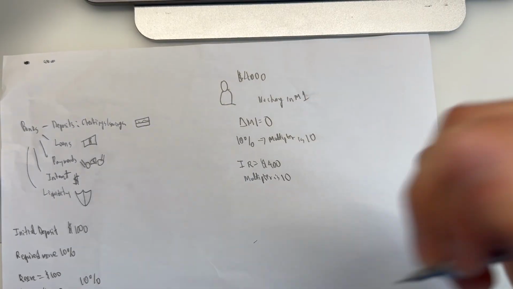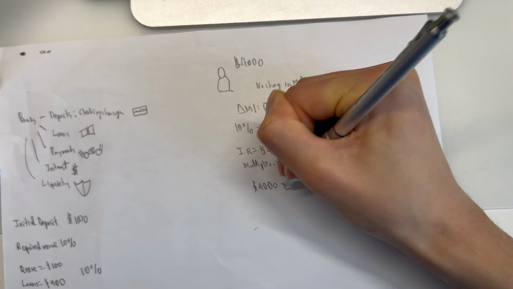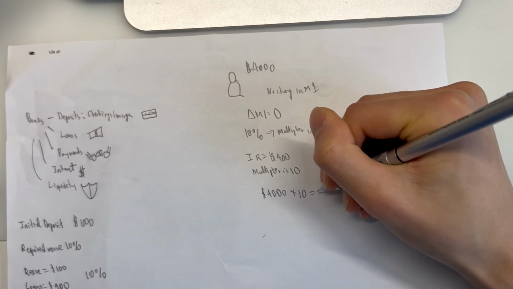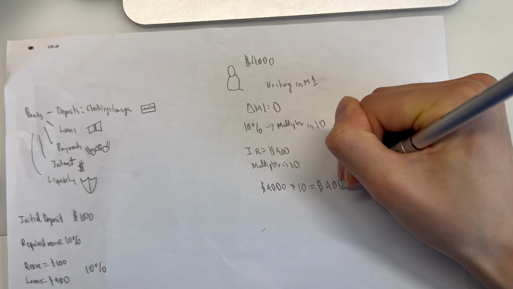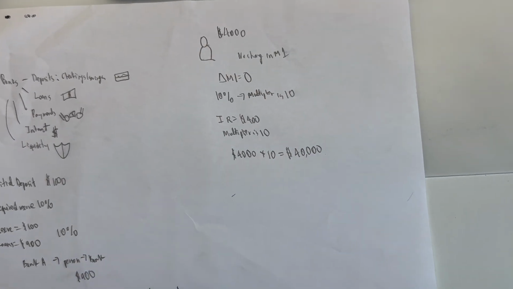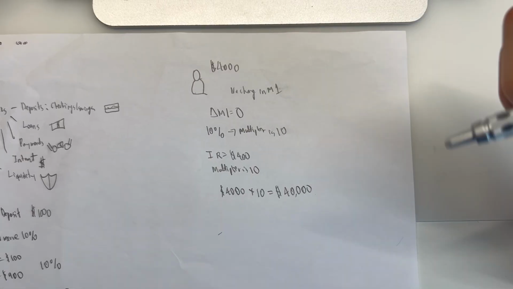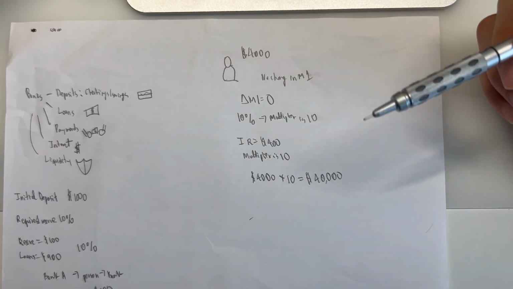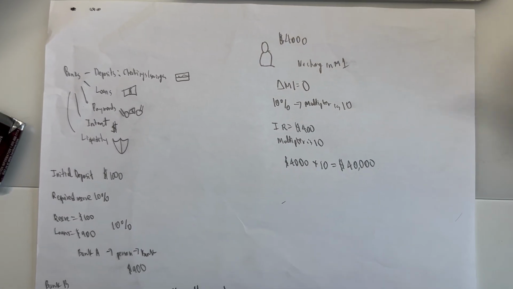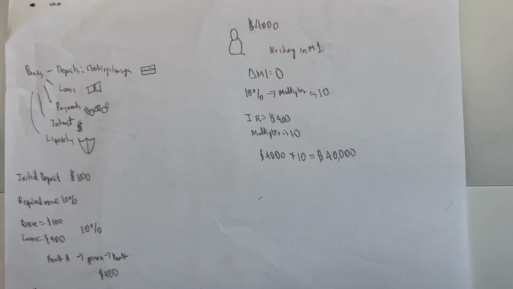So the maximum decrease you get is 4,000 times 10, which is $40,000. The withdrawal reduces bank reserves, which limits lending, and through the money multiplier, this leads to the maximum contraction of $40,000 in the money supply.